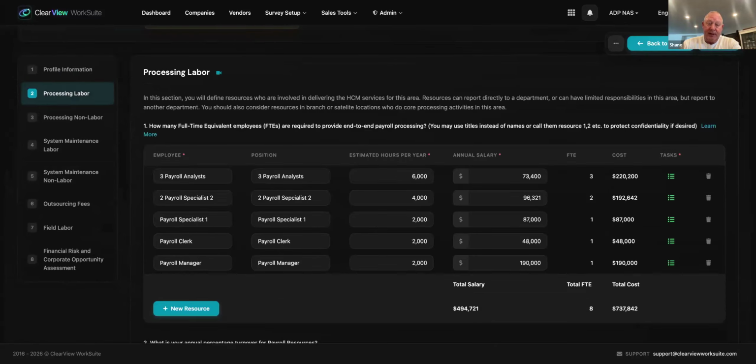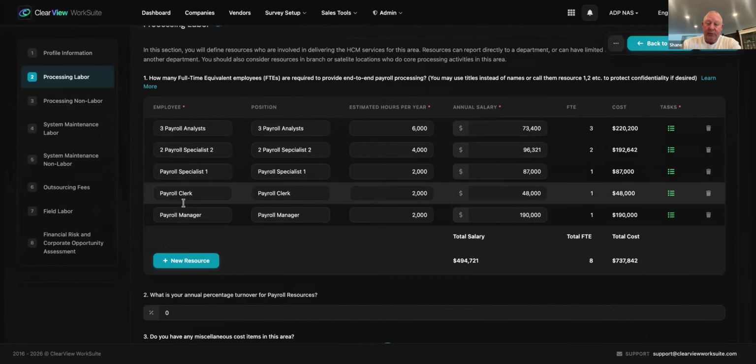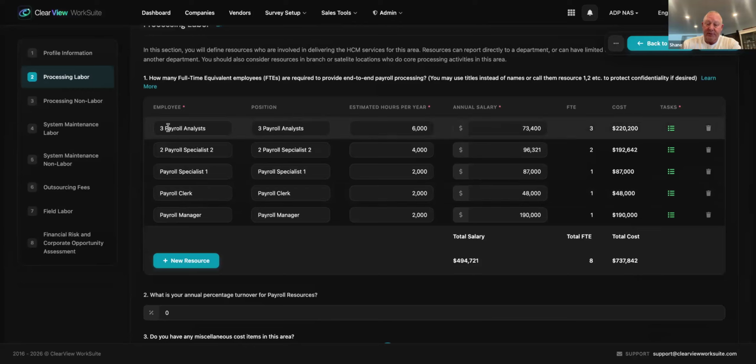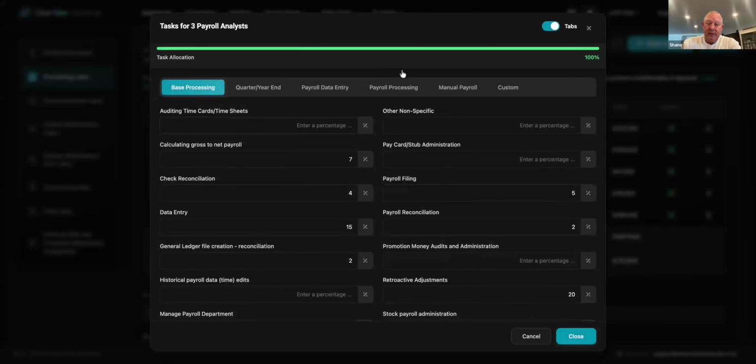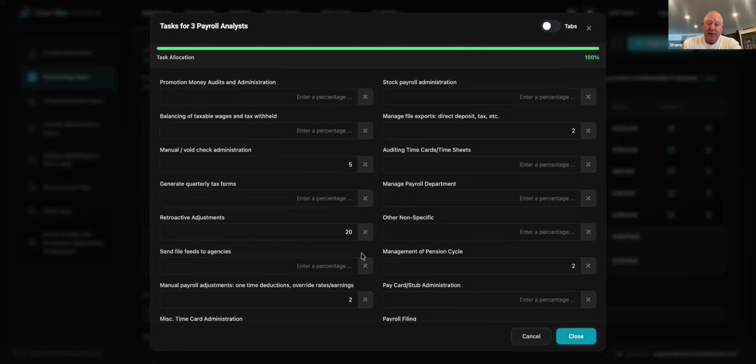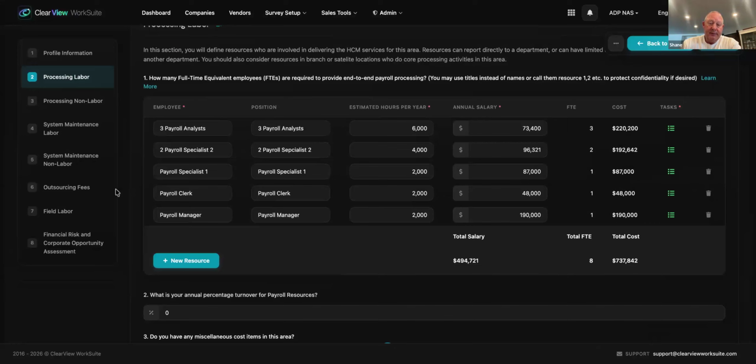So here is the processing labor, and you can see where we would give this survey to an organization. They would go in here and put their resources, click this little button over here and tell us where they're spending their time, doing what in different areas.